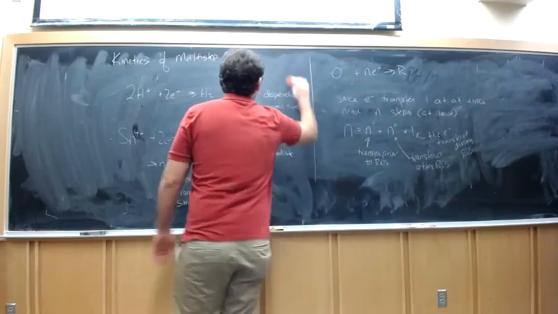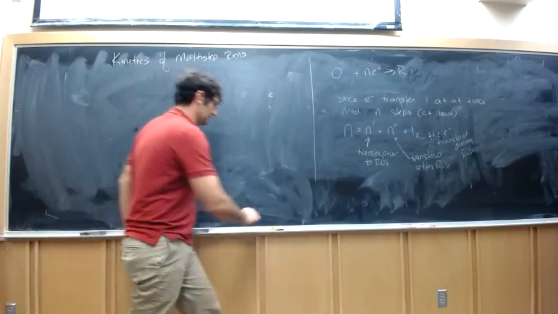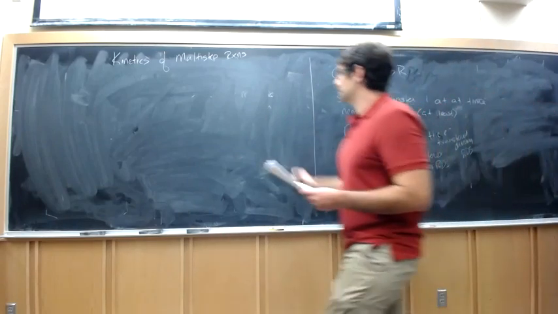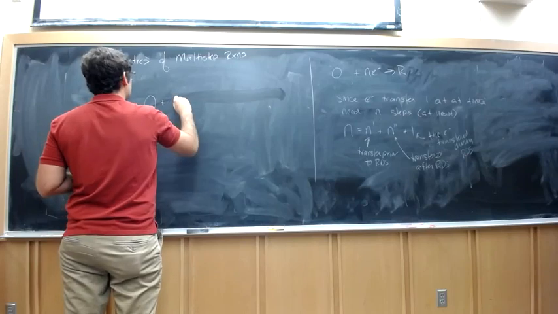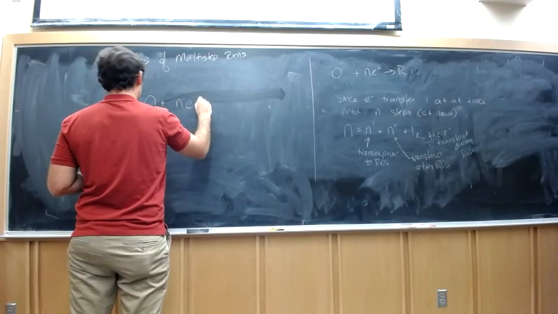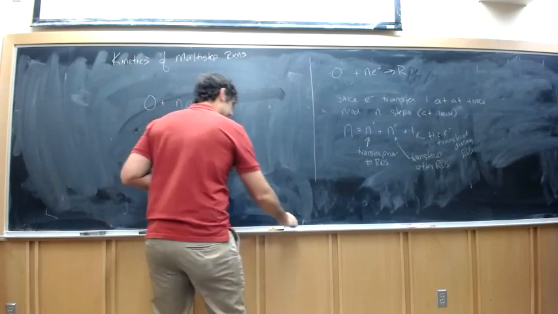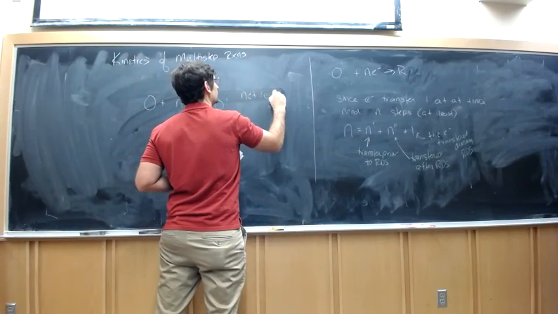Now we can actually write our mechanism in terms of a series of electrochemical steps. First, we're going to have O plus n prime electrons going to O prime. This is the net result.